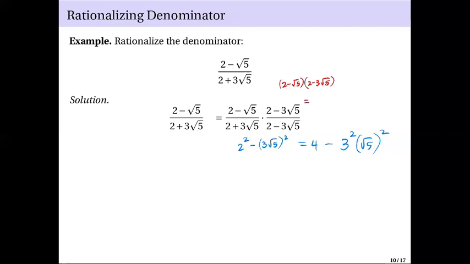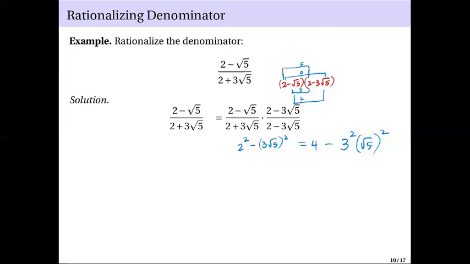So if we use the FOIL method, this is your first. This is your outer. This is the inner. And then we have here the last.